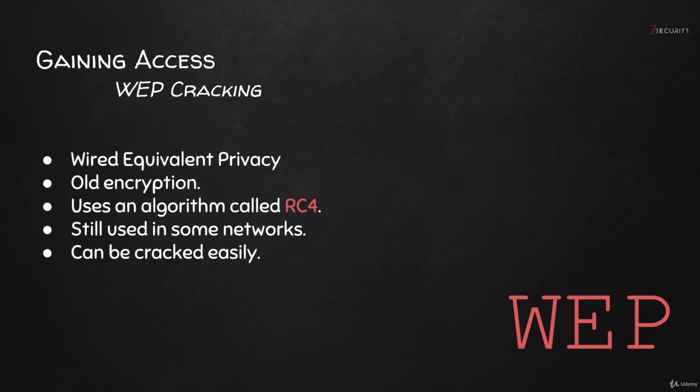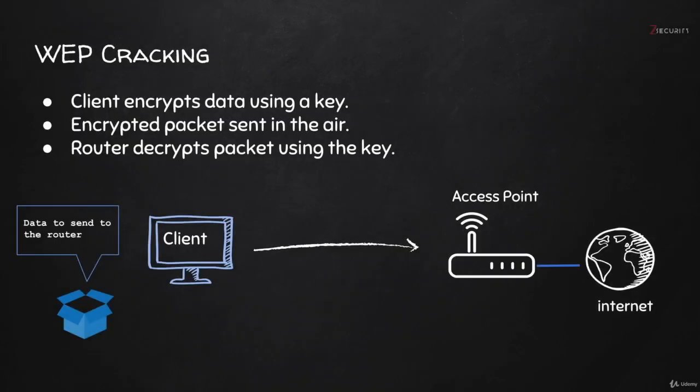So basically, WEP uses an algorithm called RC4 to encrypt its data. The way this works is, if a client wants to send something to the router, and let's say it wants to send this text, "data to send to the router", it'll first encrypt this using a key.